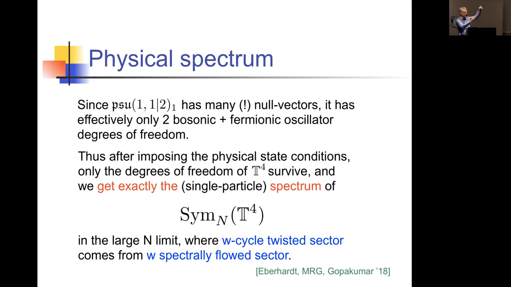You look at the states that are annihilated by the positive modes, and then the negative modes become spurious states. So you kill 2 sets of oscillators. So of the 4 bosons that you started off from, 2 get killed by the coset condition that reduces you from U(1,1|2) to PSU(1,1|2).